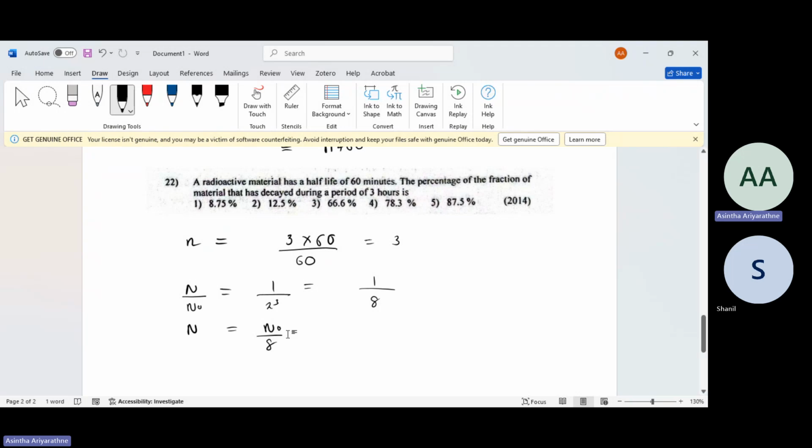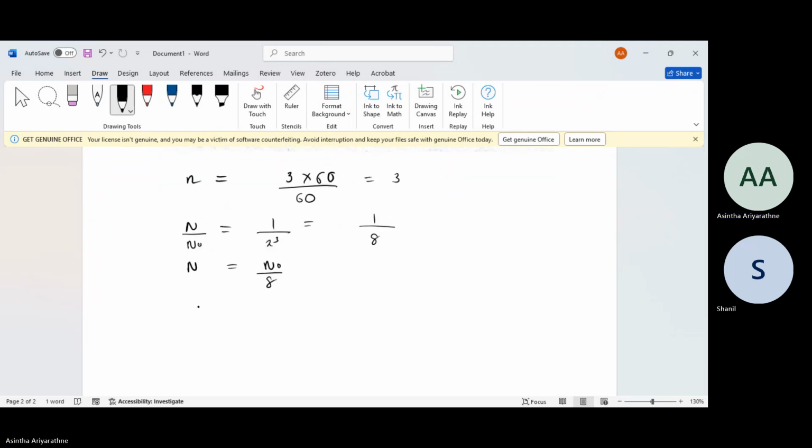Then the decayed amount. So this is the currently present unstable nuclei.